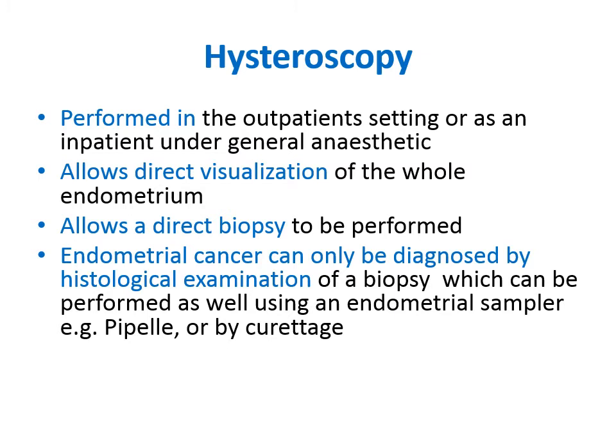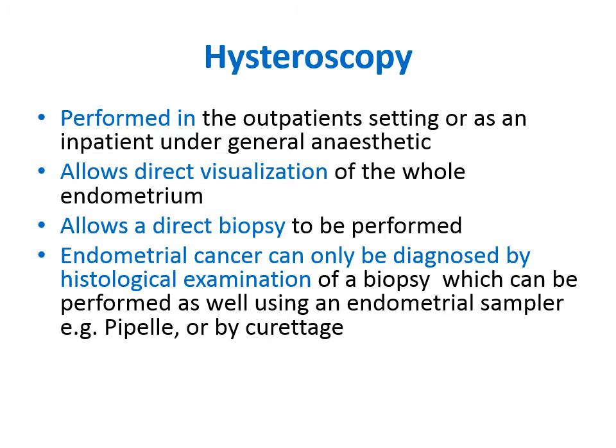Endometrial cancer can only be diagnosed by histological examination and confirmation of a biopsy taken from an abnormal looking area. And of course this biopsy is better taken under direct visualization, as I said, via the hysteroscope.